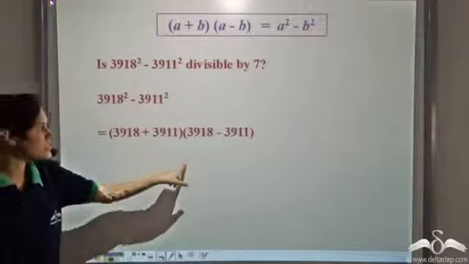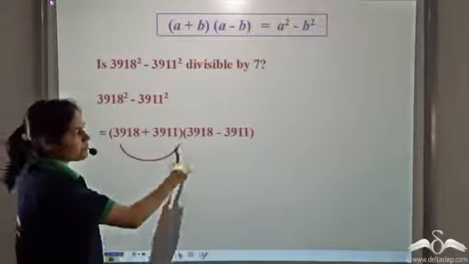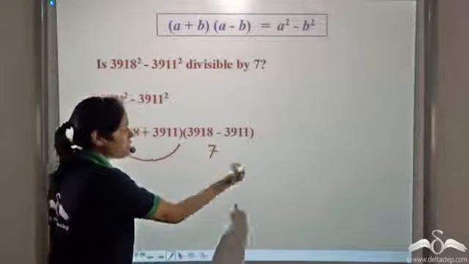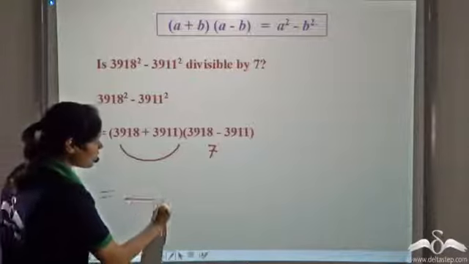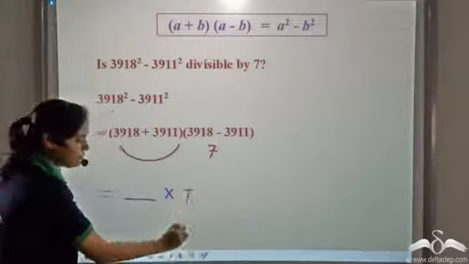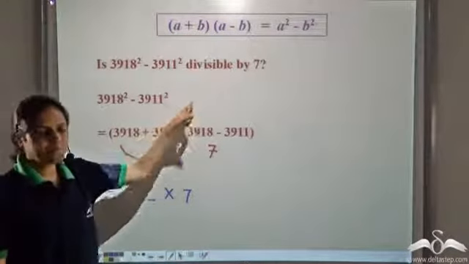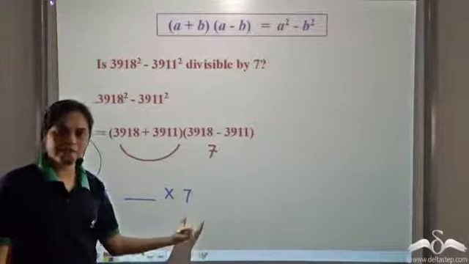Now what is this? This is some number into 3918 minus 3911, which is 7. So this is some number into 7. So this is divisible by 7 because something into 7 is always divisible by 7.